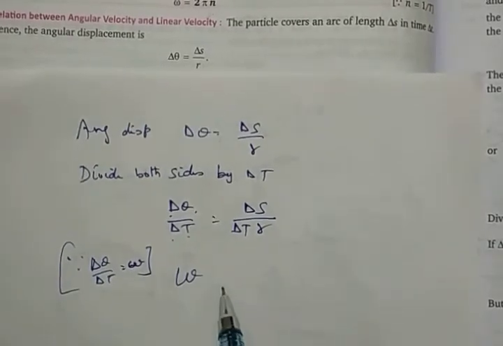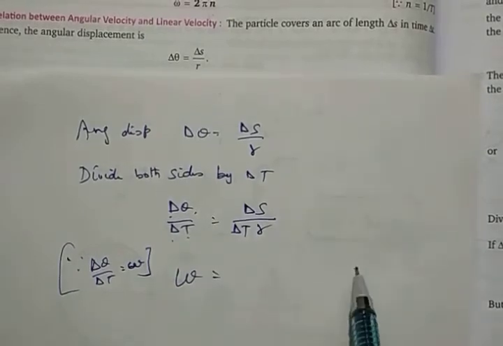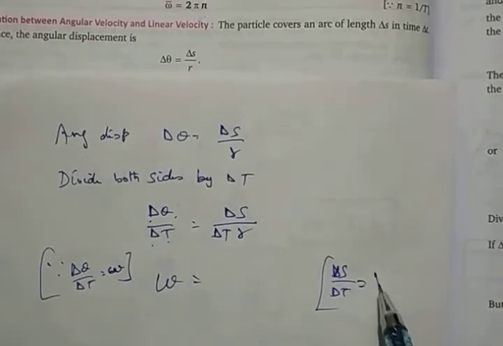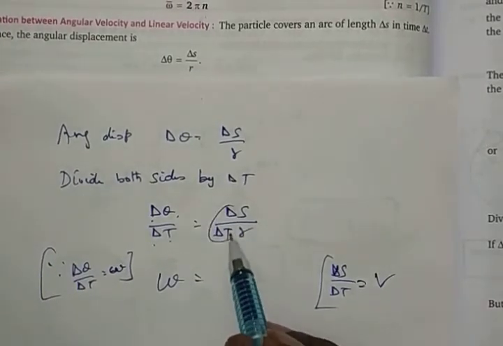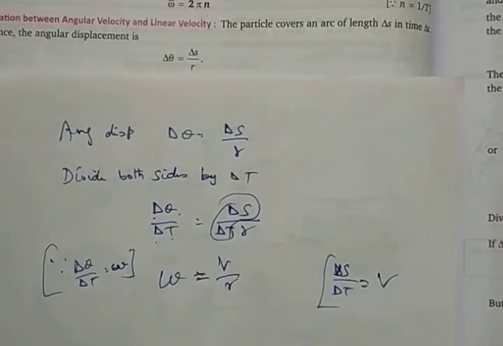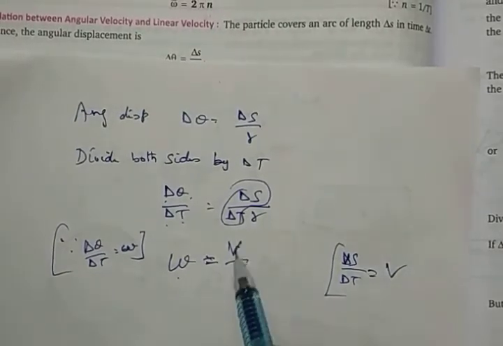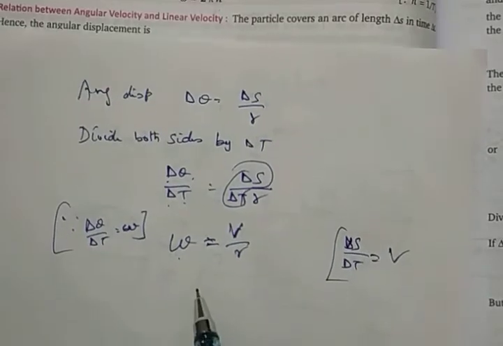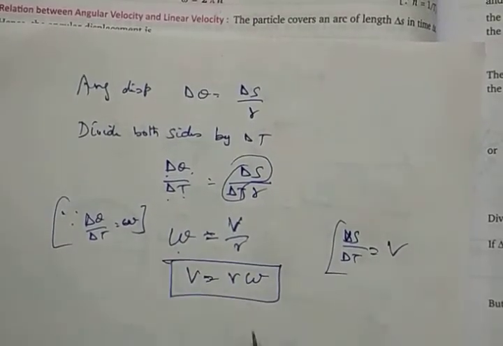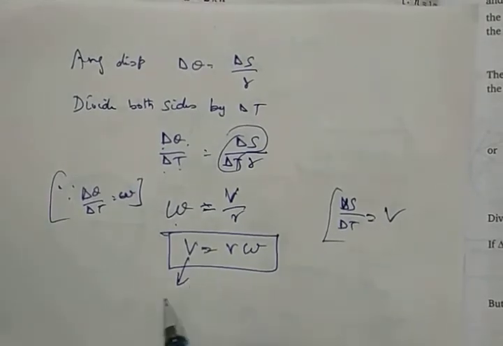It's equal to omega. Now delta S upon delta T, what is that? It is called velocity. So this is V by R. Omega is equal to V by R. So V is equal to R omega. Please write down this. What is this one?